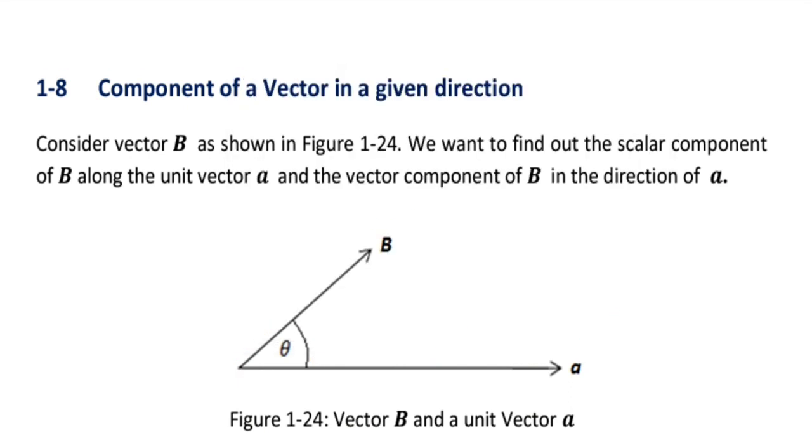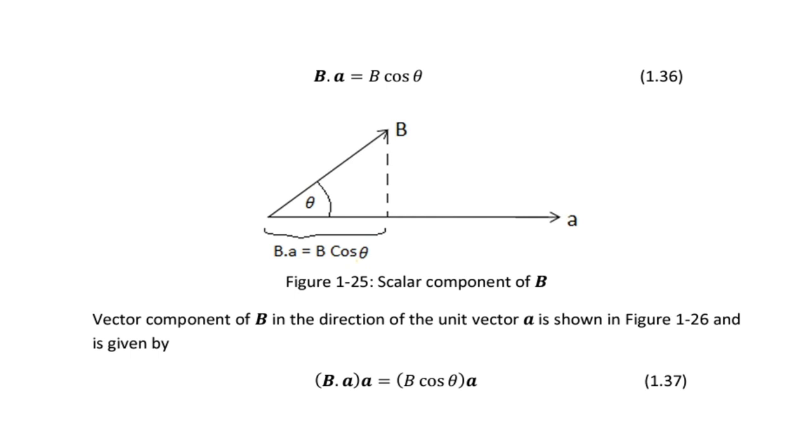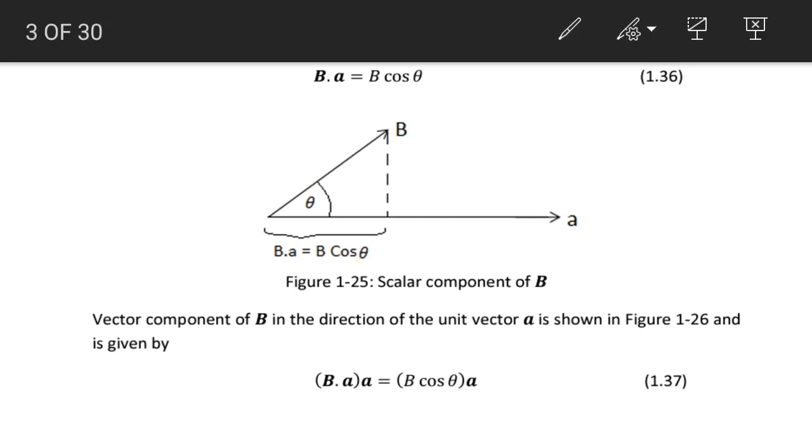So the scalar component of b along this line is equal to b cos theta, which is also equal to b dot a.